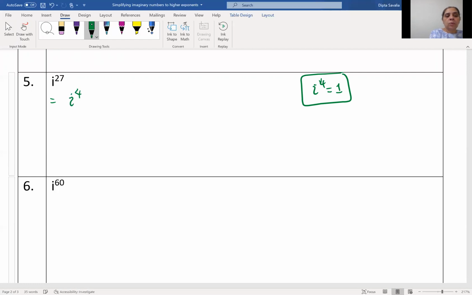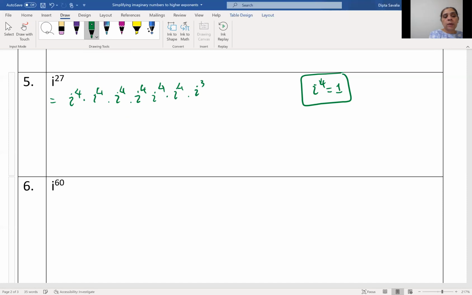Let's see, i to the fourth, so that's 4, 8, 12. You can keep adding 4: 4, 8, 12, 16, then 20, then 24, then what? 24 plus 4, 28. So we will get here i cubed, right?